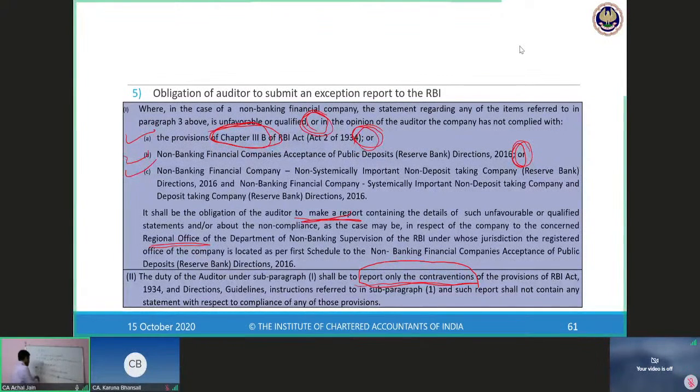C, the auditor will report to the board of directors, give an unfavorable statement, plus the auditor will also report to RBI and will report the contravention.